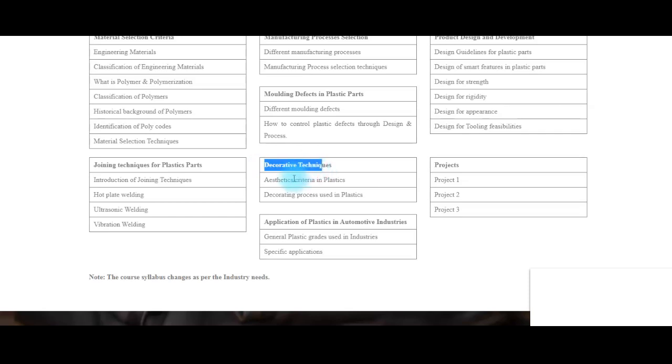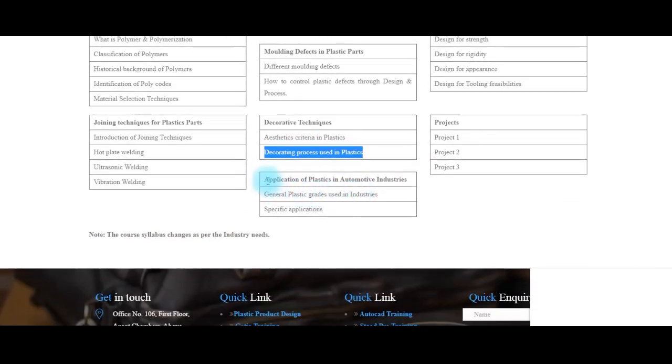And next is decorative techniques. In decorative techniques, some aesthetic criteria in plastics, meaning what kind of finish and aesthetic criteria, are discussed in this chapter, and decorating processes used in plastic.